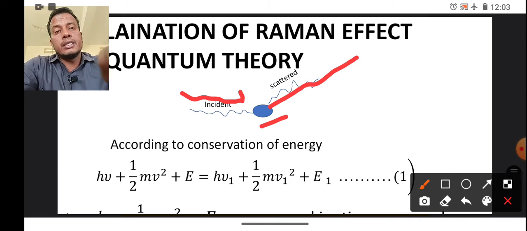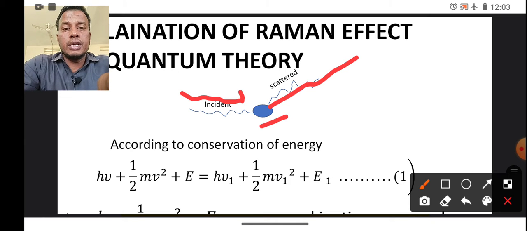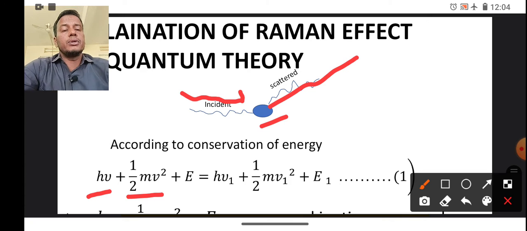The incident particle has energy h nu and kinetic energy of half m v square. After hitting the molecule, the scattered particle has frequency h nu 1, kinetic energy of half m v 1 square, and the molecule's energy is E 1.